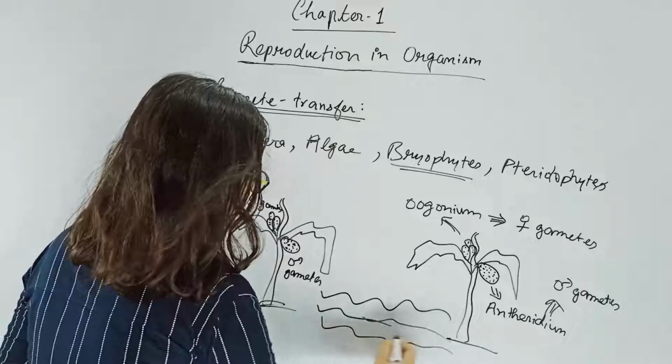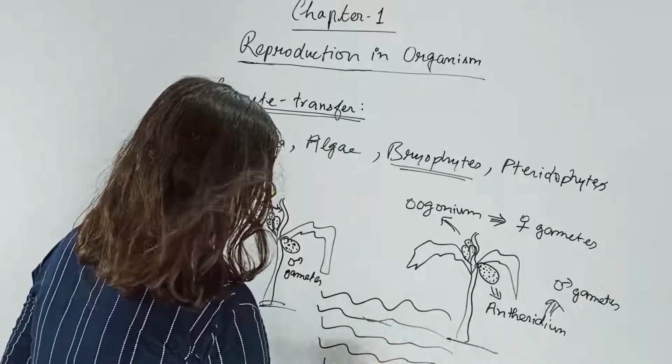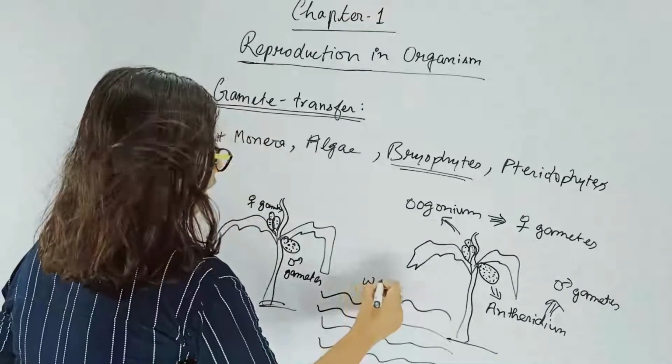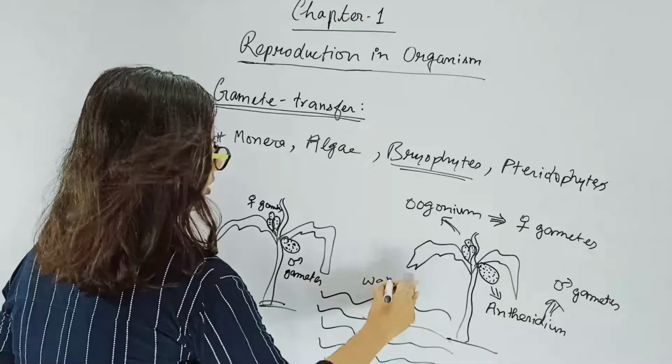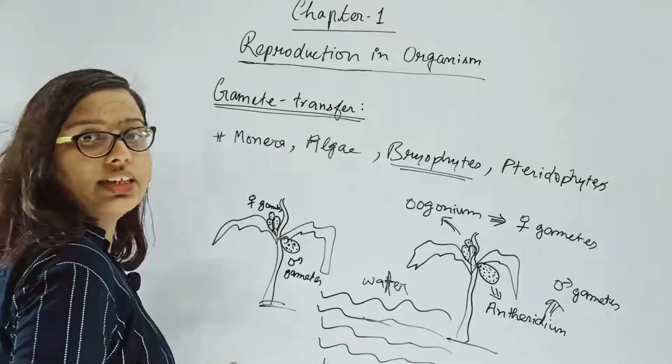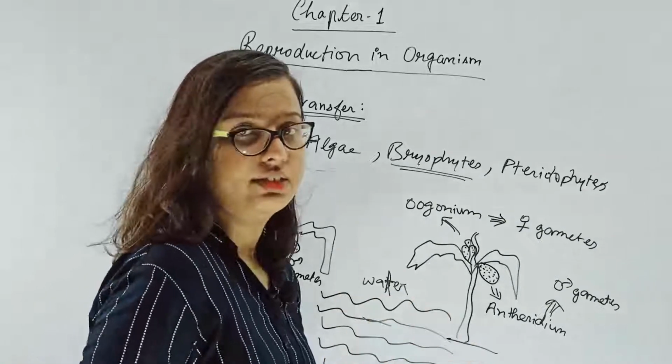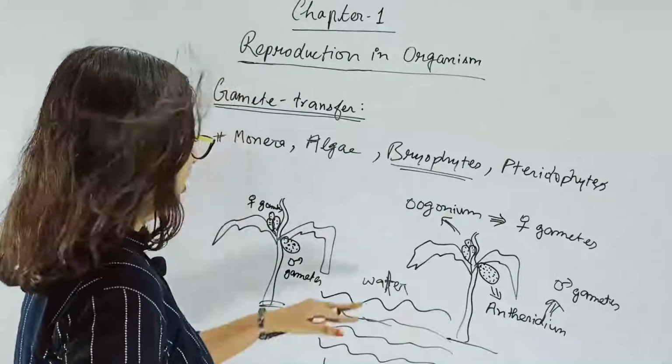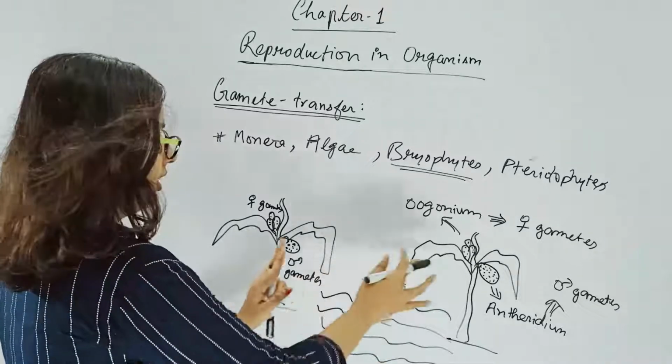And here there is the water. This is the water in between these two plants. Bryophytes basically live near the water bodies. So there is the water between these two plants.